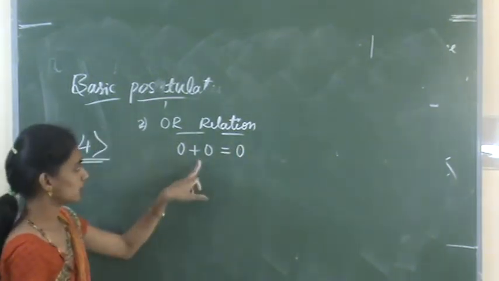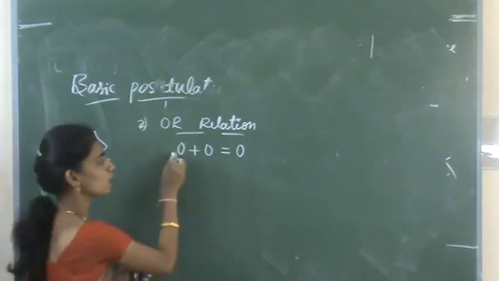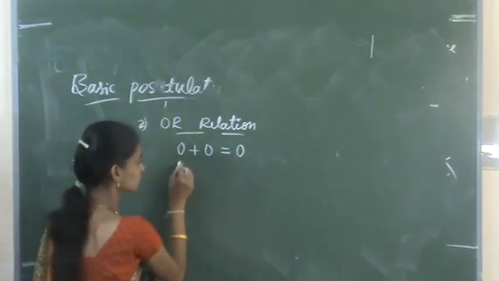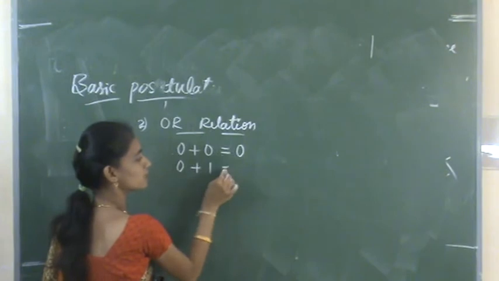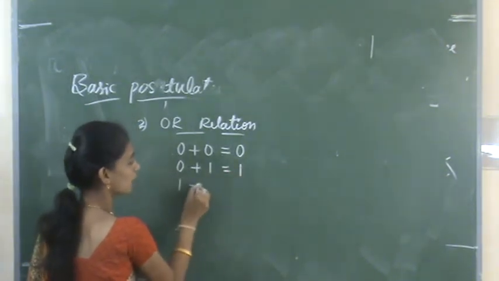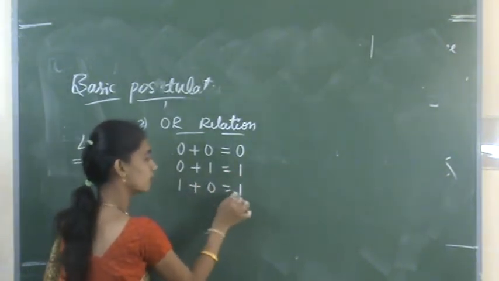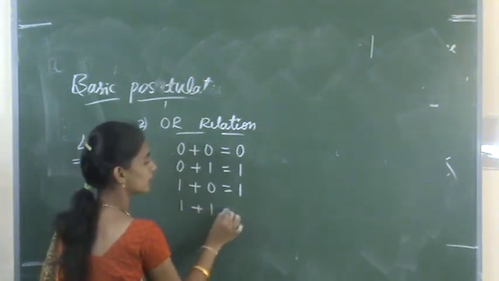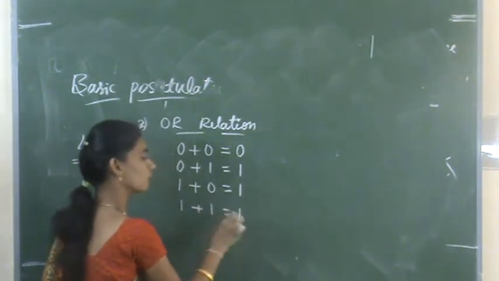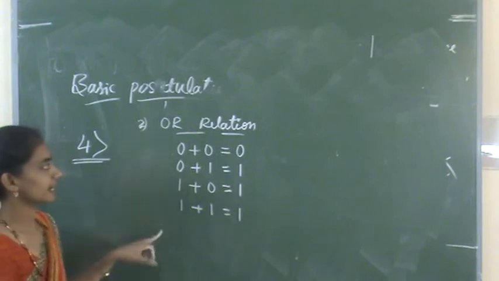Plus represents OR. 0 plus 0 is 0, 0 plus 1 is 1, 1 plus 0 is 1, 1 plus 1 is 1. So this is the second postulate.